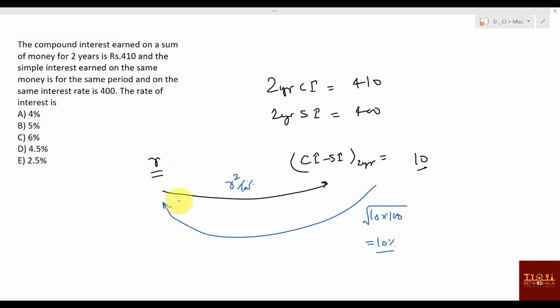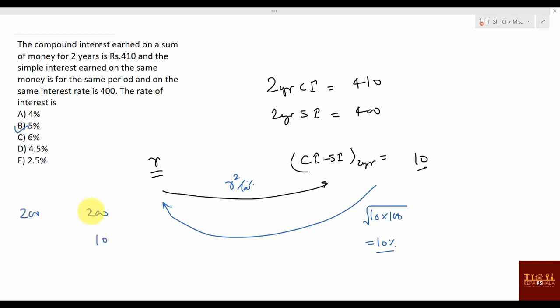5%, why and how? Okay, that also you can say. But 10% is the rate of interest for 2 years. For 1 year it will be 5%. That is one way. Another way: 2-year SI is 400, so you can say first year 200, second year 200, and 2-year CI is given as 410, means 10 extra, right?